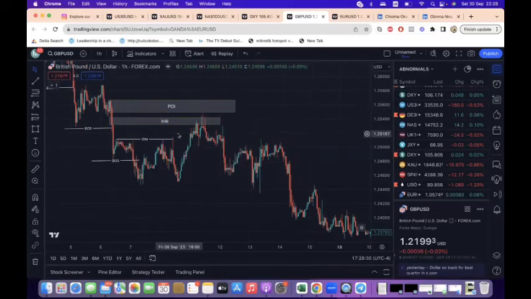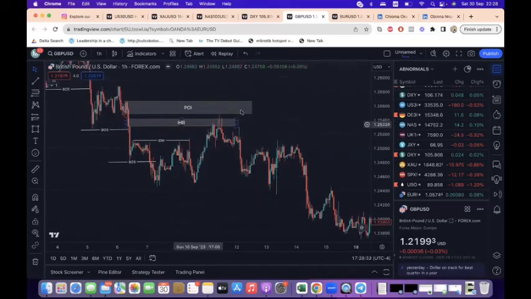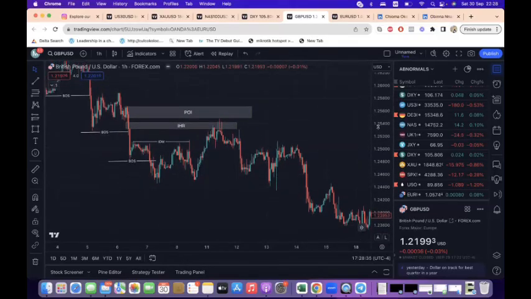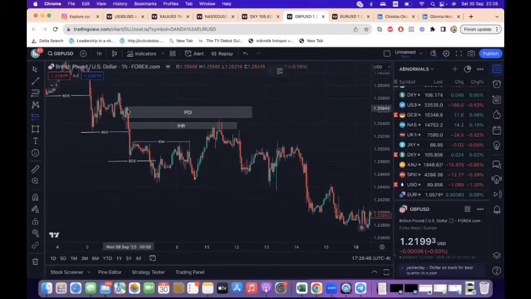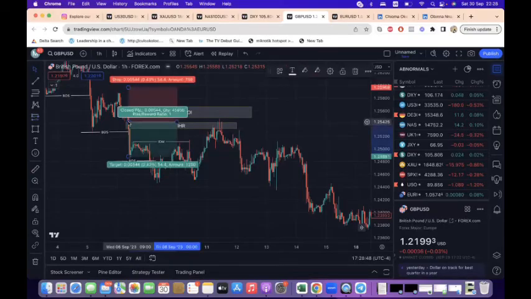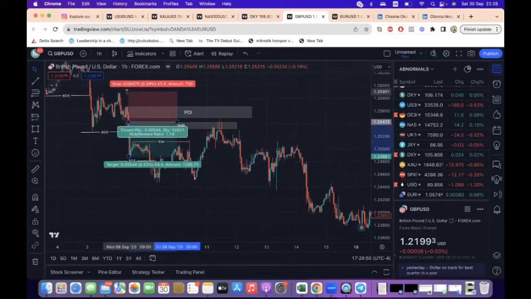But you have to give space in case she picks up from here. This would be your stop loss. So even if you put it up here, your stop loss will be right there.